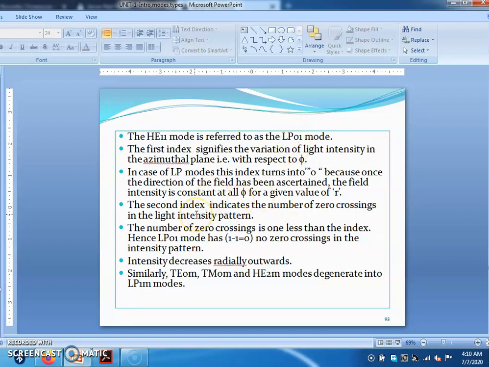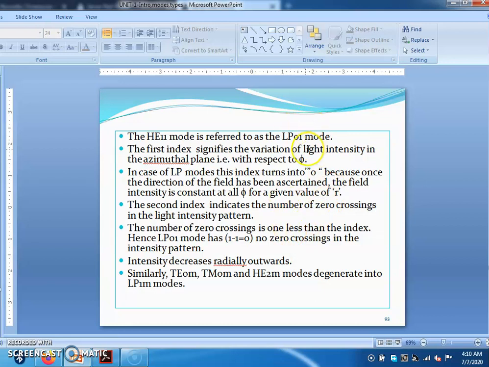For linearly polarized mode, this turns out to be 0 because the field intensity is constant at all phi for a given value of r. The second index indicates the number of zero crossings in the light intensity pattern. The number of zero crossings is 1 less than the index.